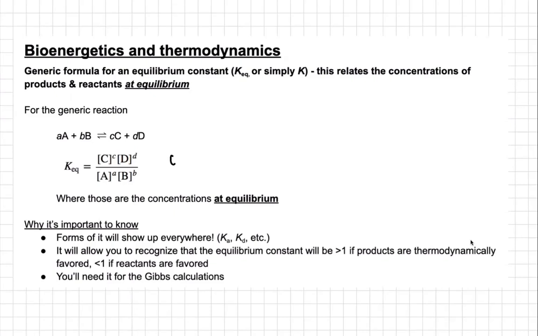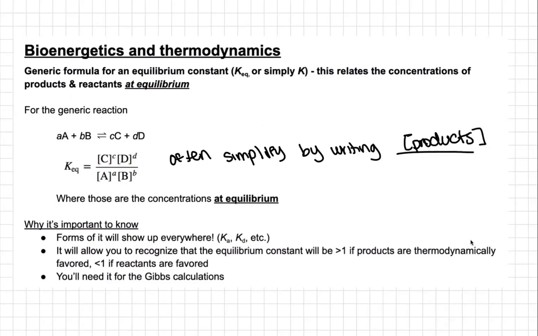But often we simplify this by writing the concentration of our products over the concentration of our reactants. And if we had a single reactant and a single product, reacting 1-to-1, so we didn't need to worry about stoichiometric coefficients, then this would hold true.